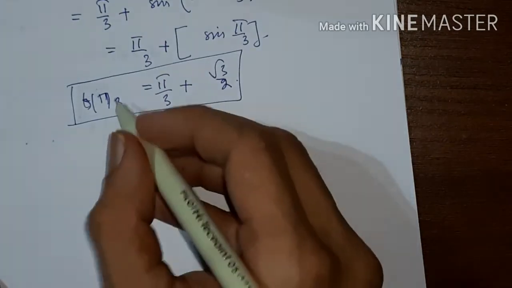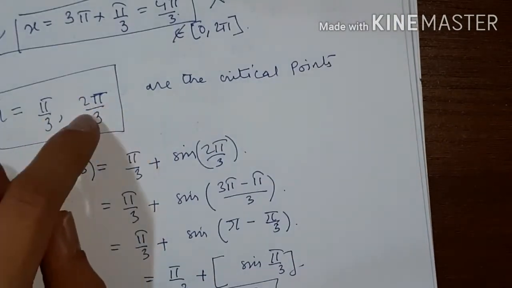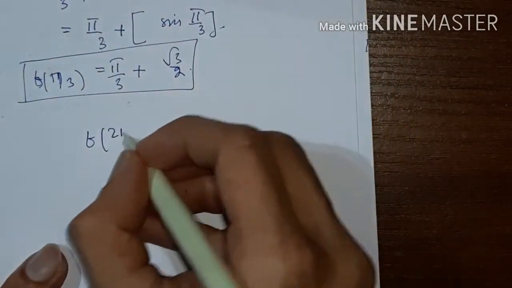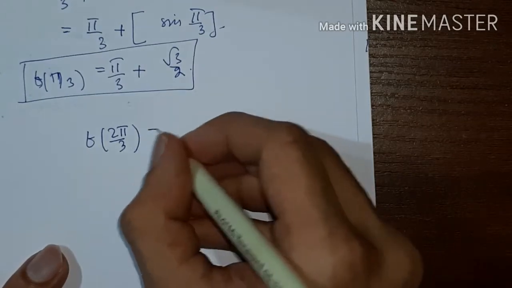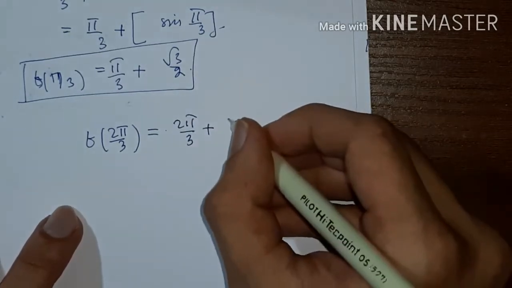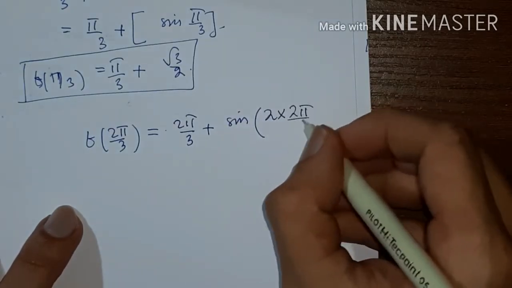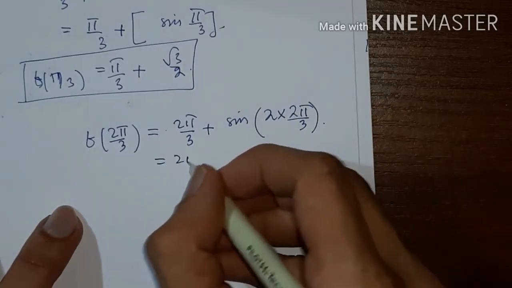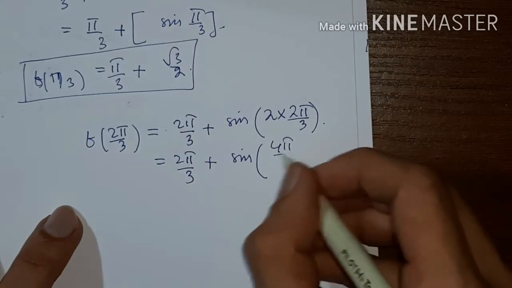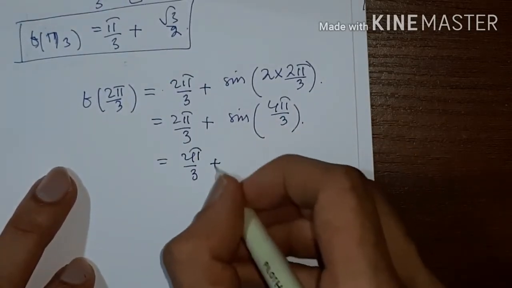Now we have to find the value of the function at the next critical point, that is 2 pi by 3. So f of 2 pi by 3 is 2 pi by 3 plus sine of 2 times 2 pi by 3, which is 2 pi by 3 plus sine of 4 pi by 3.